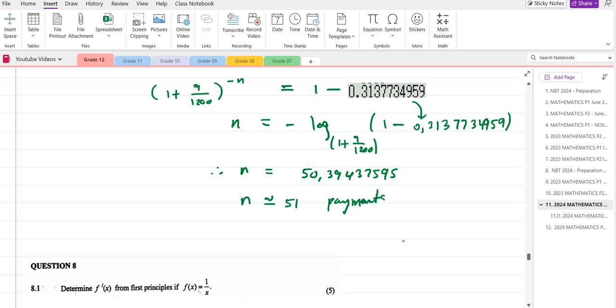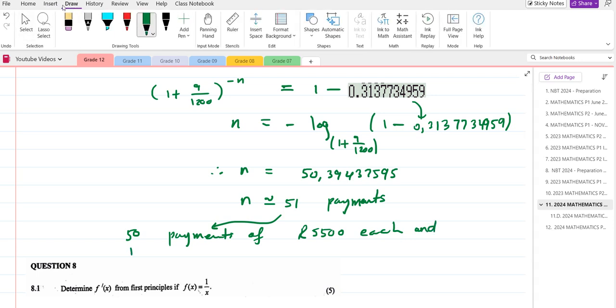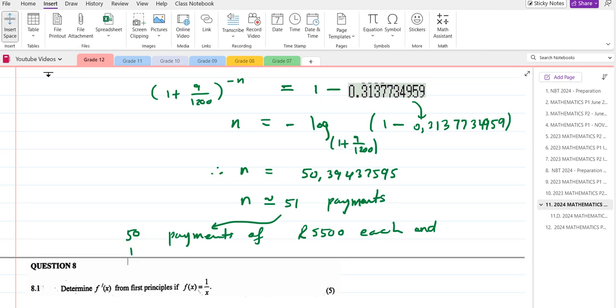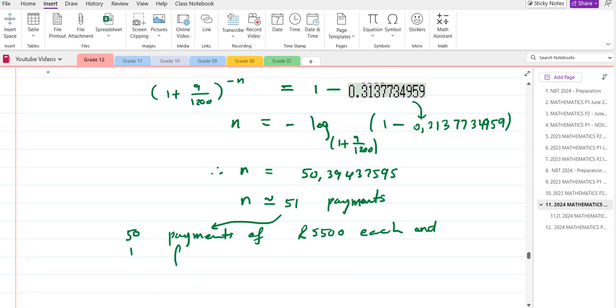And you can go further and say 50 payments of 5,500 rands each, and one final payment less than 5,500 rand.